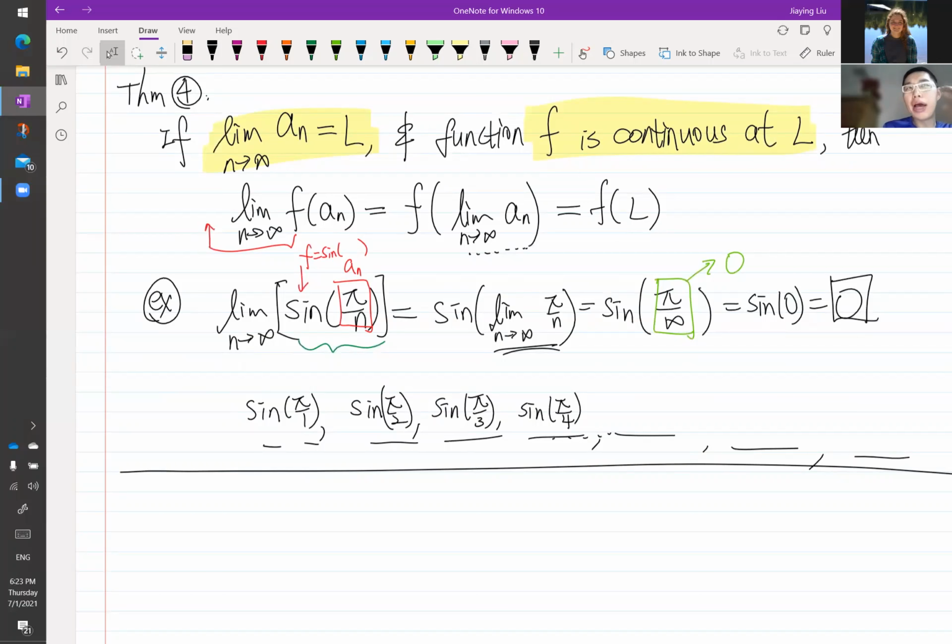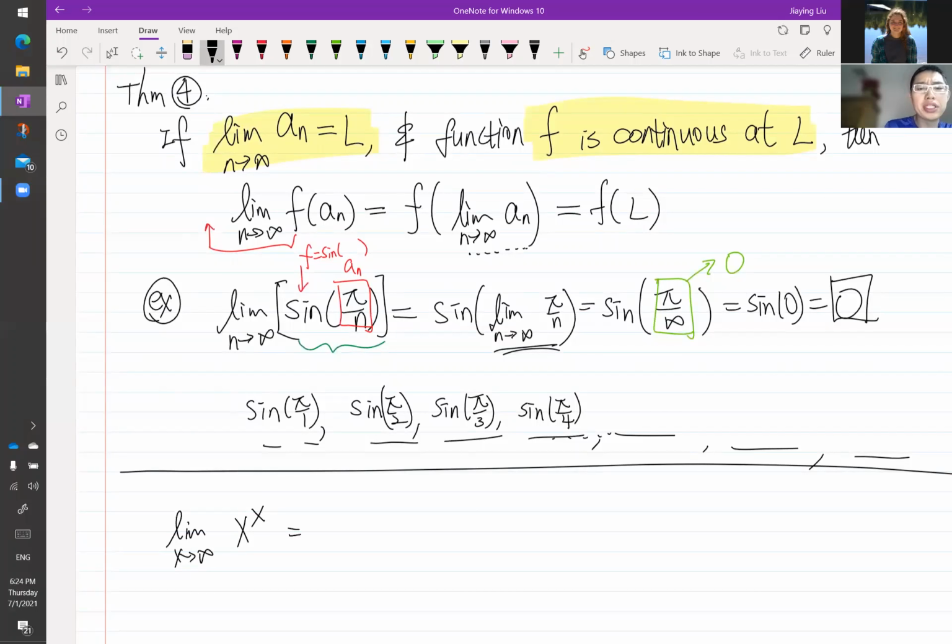And I want to remind you, because I just thought about it, in the past we actually had something like this. If you remember, a long time ago, I think it was a problem like find the limit of x to the x as x goes to infinity.